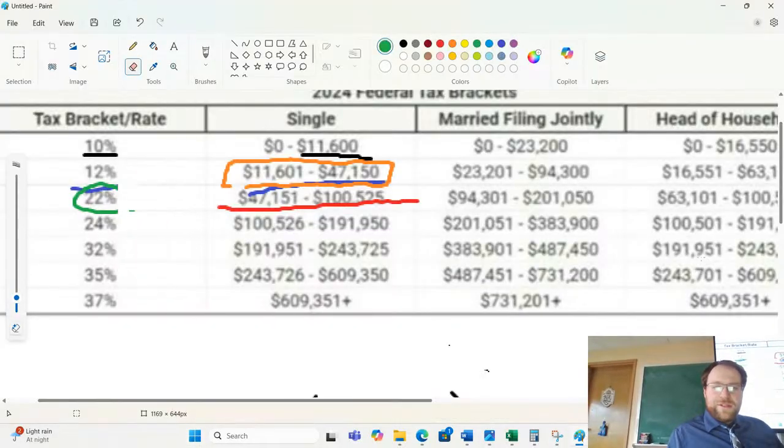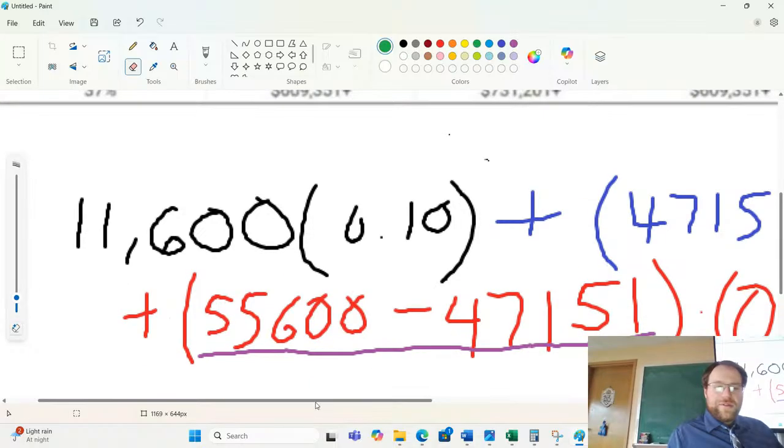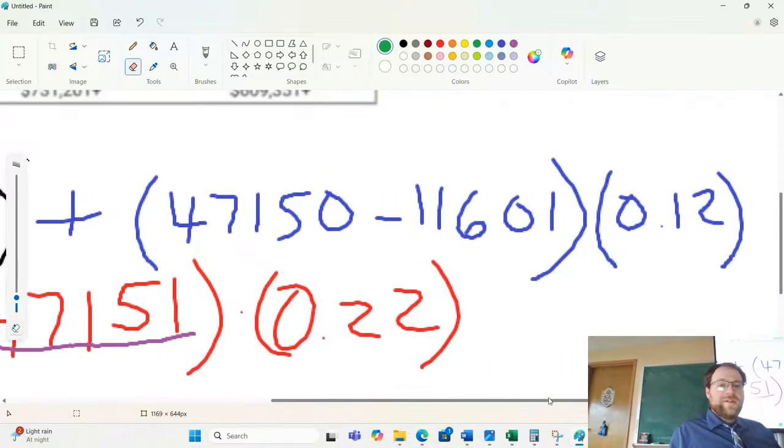So it would be, minus, yeah. So the end of that bracket minus the start of that bracket times 12%. Supposed to get adjusted. Yeah, I think so.